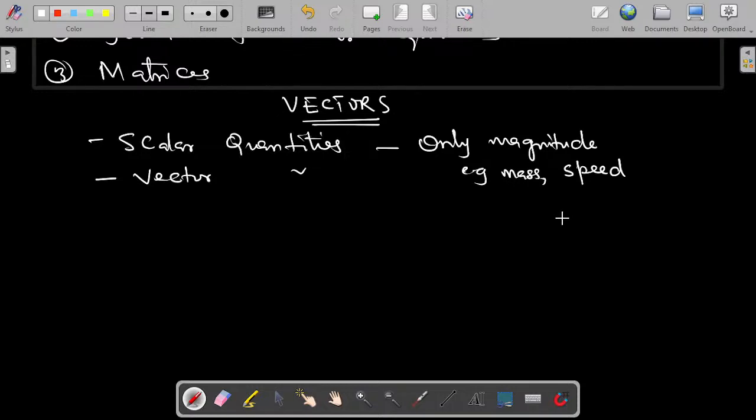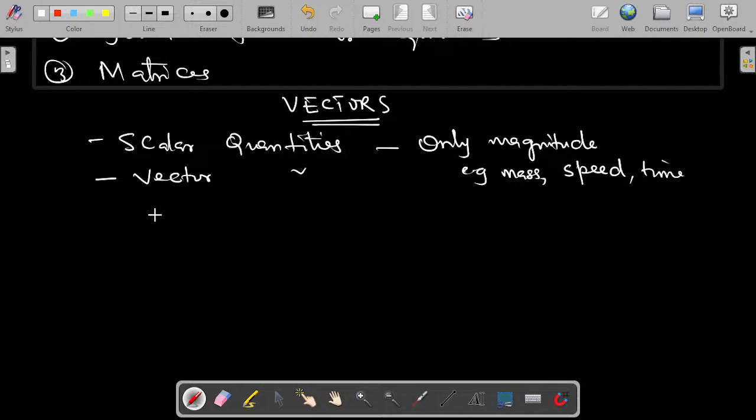You need to have speed in the right direction. If a person only has speed, you don't know where you are going, you will only be a scalar quantity, and scalar quantities do not really count that much. You can have other examples such as time and the rest of them.